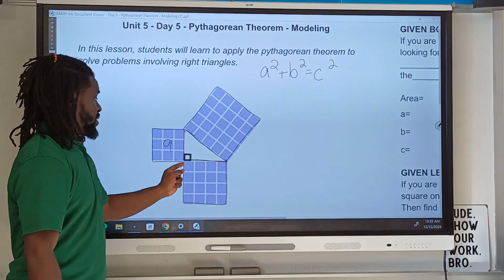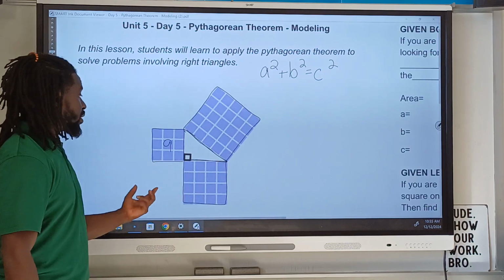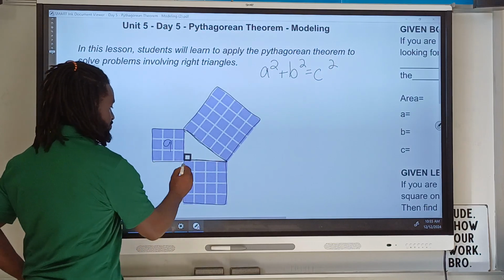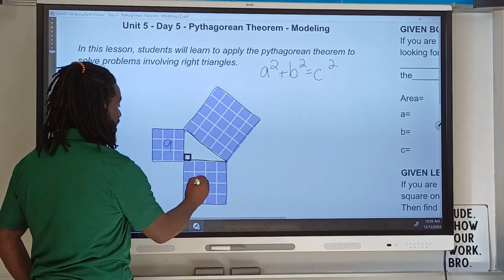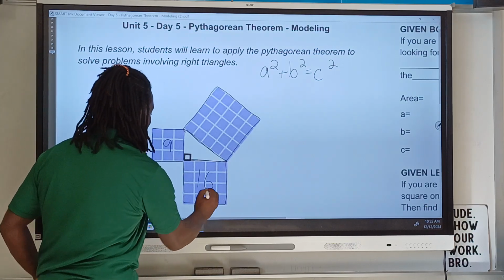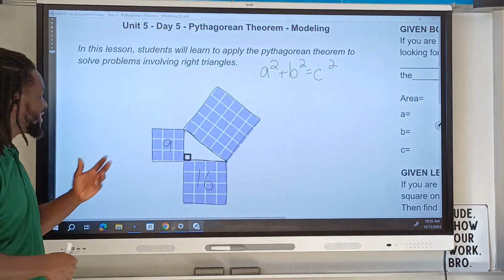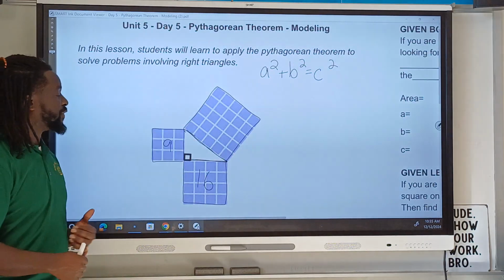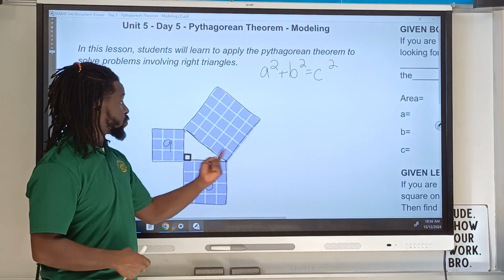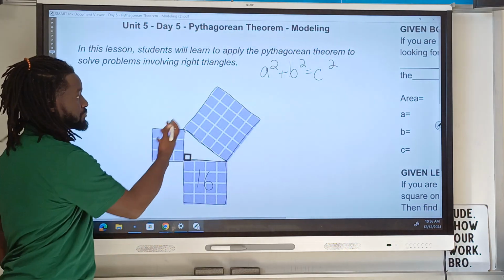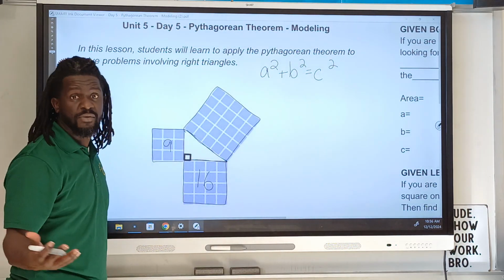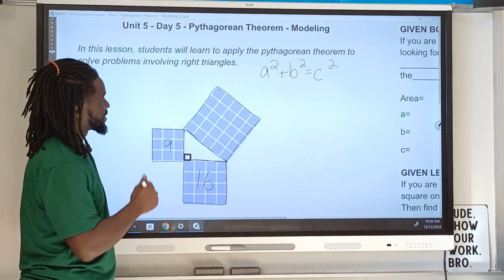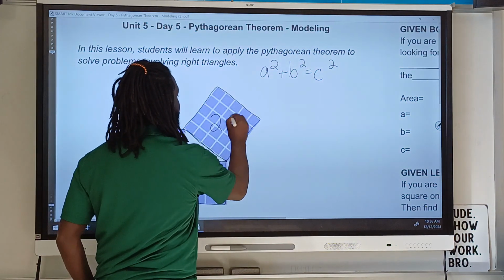And then the area of the square along the next leg is 4 across, and it's 4 down. And if I counted that all up, I'm going to get 16. And then the area of the square along the hypotenuse, look, pause it, count it up, and then write it. Maybe you already know. All right, that area is 25, right?